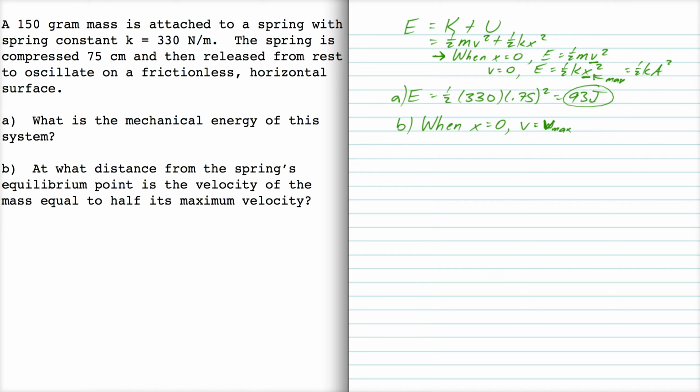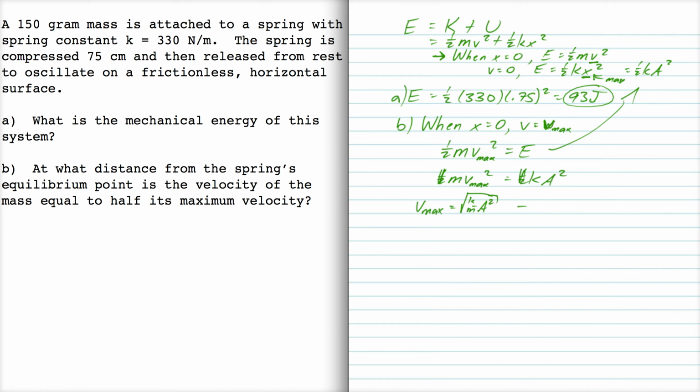So at that time, 1/2 mv max squared is equal to the mechanical energy. But we also know that the mechanical energy is equal to 1/2 ka squared. So we can write 1/2 mv max squared is equal to 1/2 ka squared. And if we solve for v max, that gives us v max is equal to the square root of k over m times a squared.